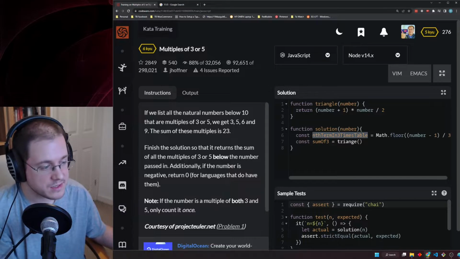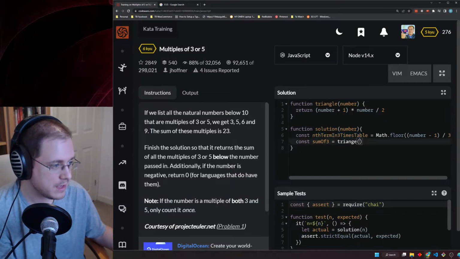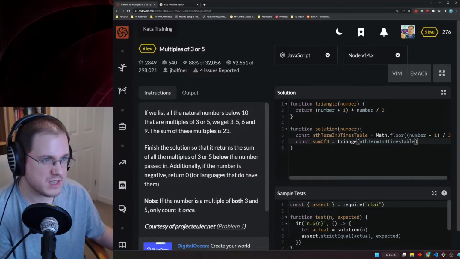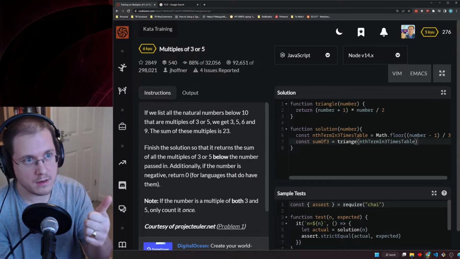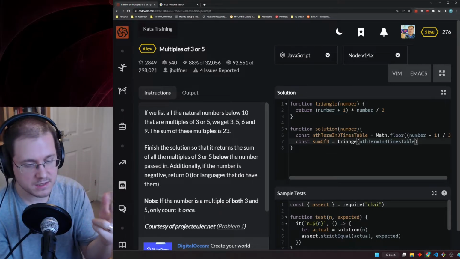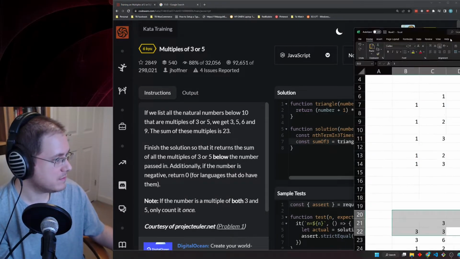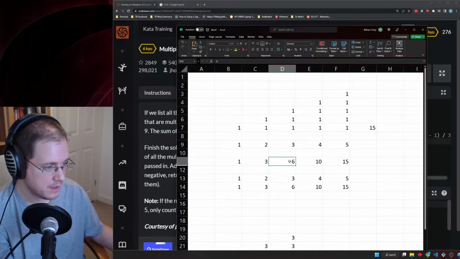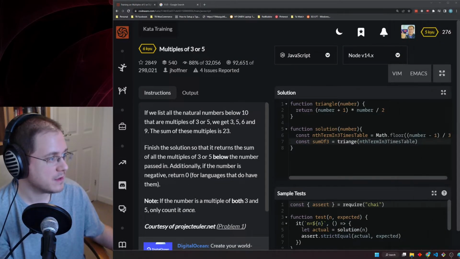So yeah, because that is 3, which is the nth term. So we're going to do the nth term in the triangle series, which is going to return 6, I believe, because it's 1, 3, 6. That's, based on this here, 6.